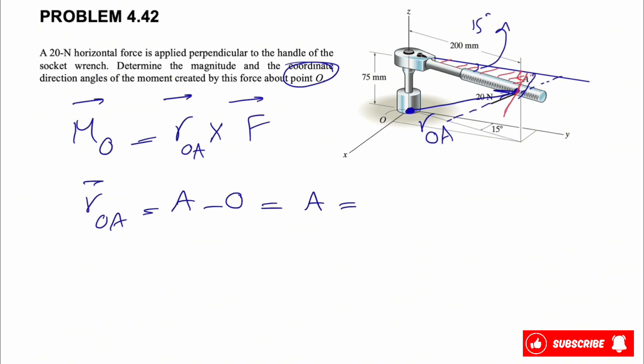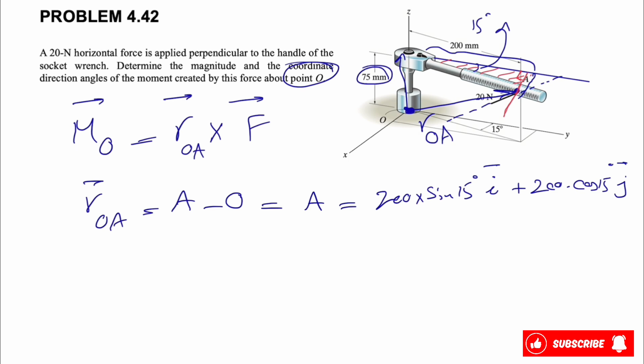So for the I component we have 200 times sine of 15. For the Y component we have this one, which will be 200 times cosine of 15 degrees, and we are on the positive side of Y too, so plus 200. The last one is our Z component, and the distance from point O to over here is 75 millimeter, and it is positive too.